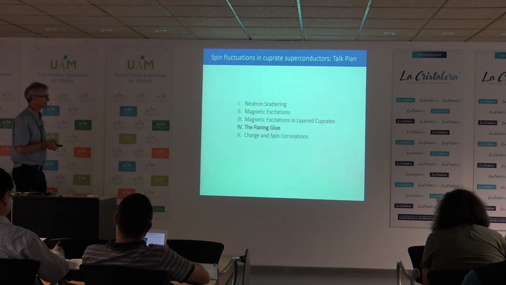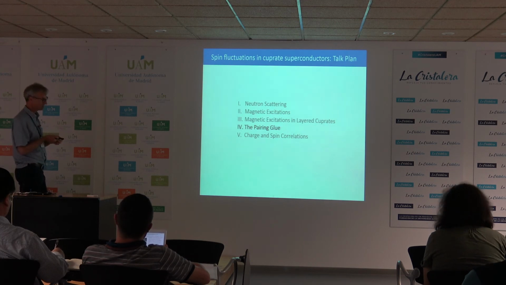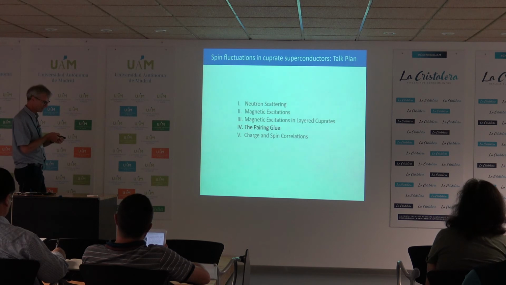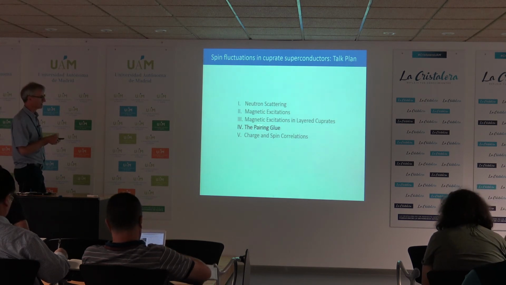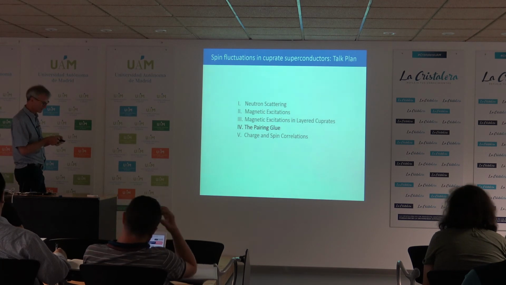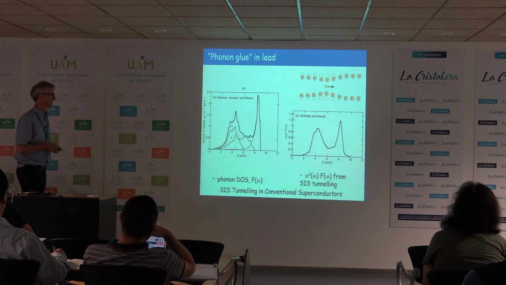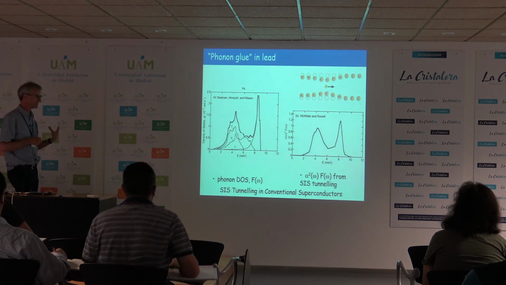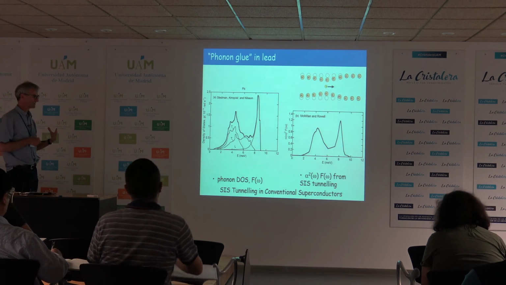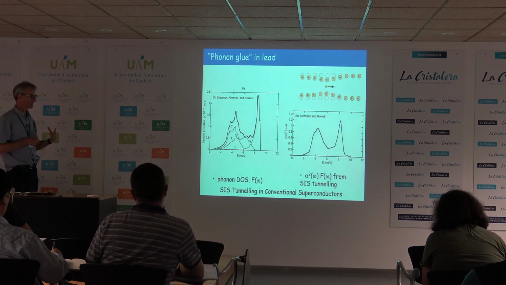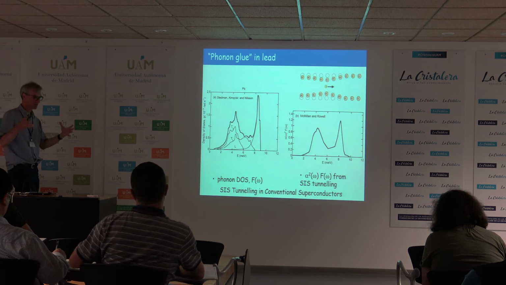So I'd like to just say a little bit about how this might relate to theory in a simple way. So I call this the parent glue. So if one wants to push things and say, well, we found that the spin fluctuations measured near pi change with doping.